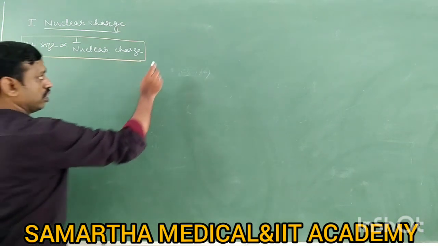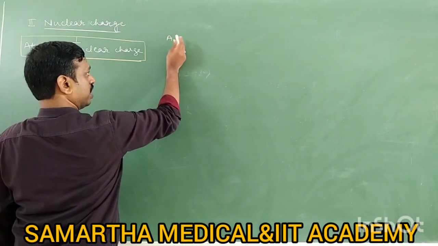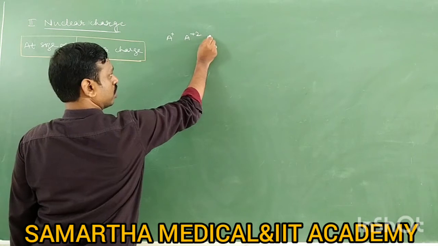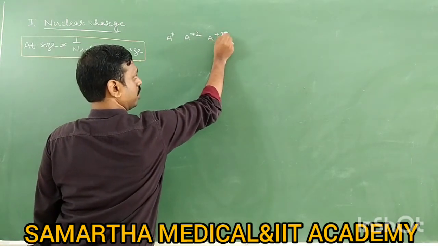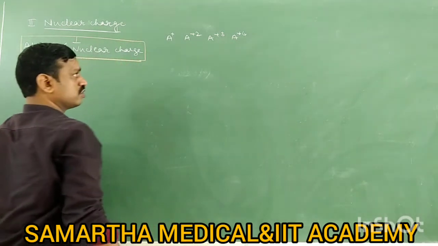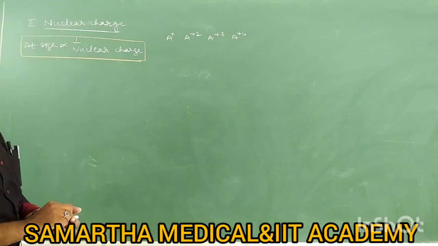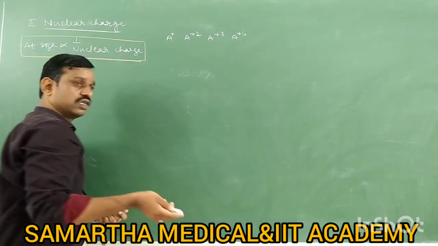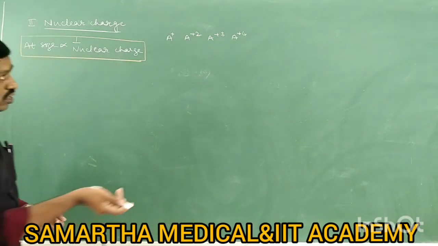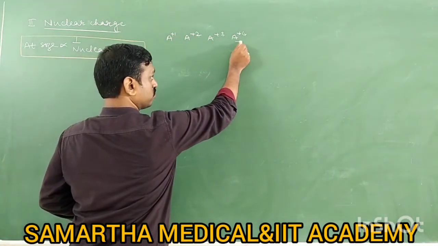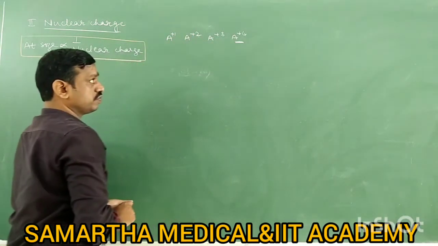So, for example, take A plus 1, A plus 2, A plus 3, A plus 4. Whose nuclear charge is more? Obviously, as positive charge increases, nuclear charge increases, so A plus 4 has the highest nuclear charge.